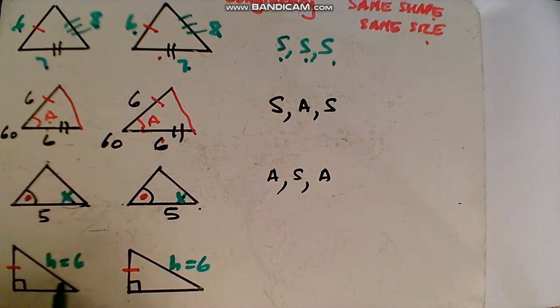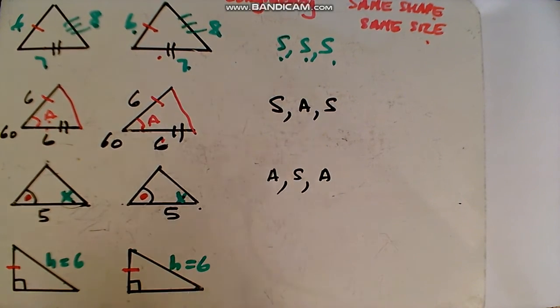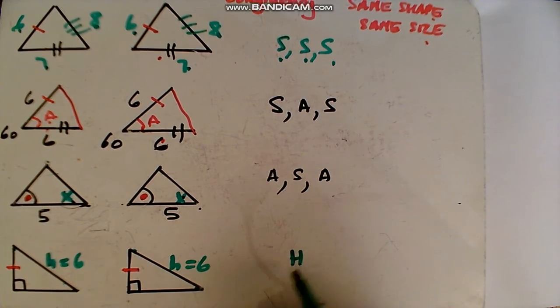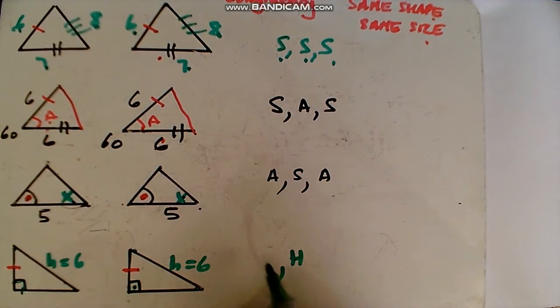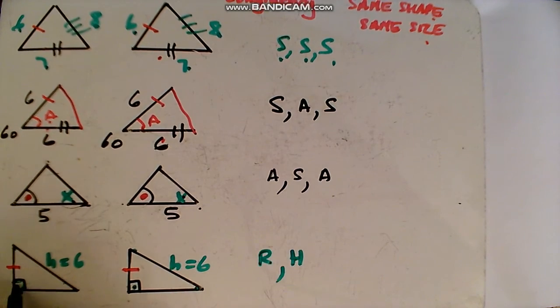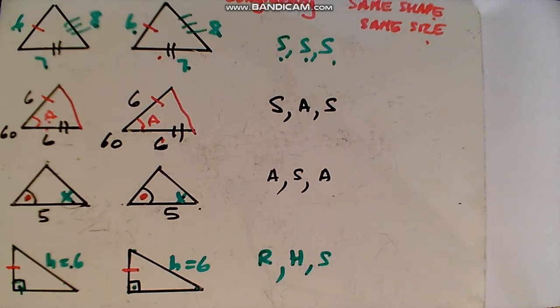So you know that this side is definitely equal to that side. So you have a hypotenuse. Do you have a 90 degree? Yes. So it's RHS, right angle, hypotenuse, and a side. And so we get R, H, and S. And so these two triangles will also be congruent according to 90 degrees, a hypotenuse, and a side. RHS, right angle, hypotenuse, and side.